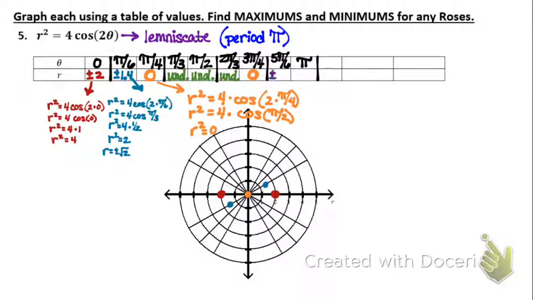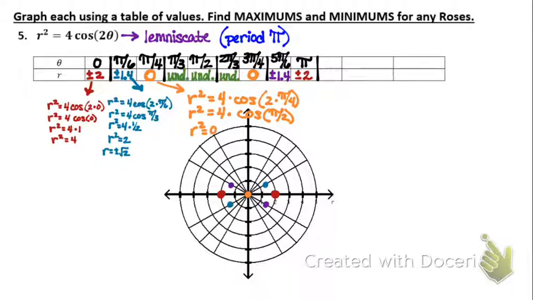Square root of 2, so plus or minus 1.4. So right here, follow that backwards to right here. And what about with pi? Plus or minus 2.